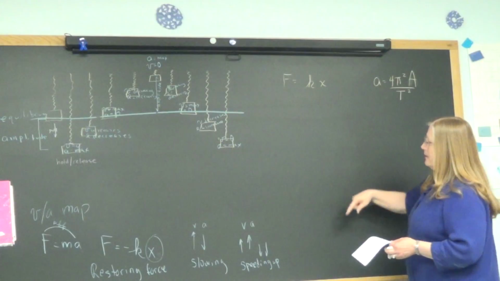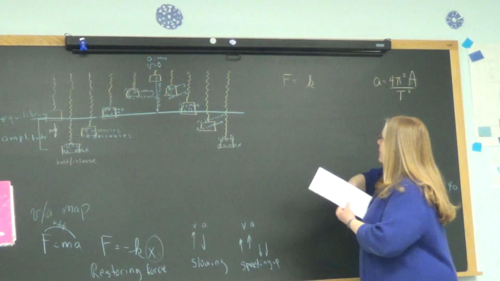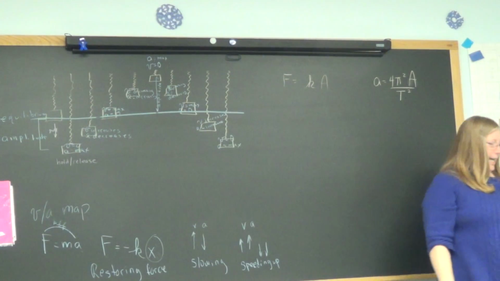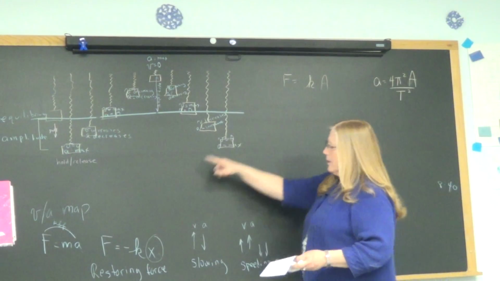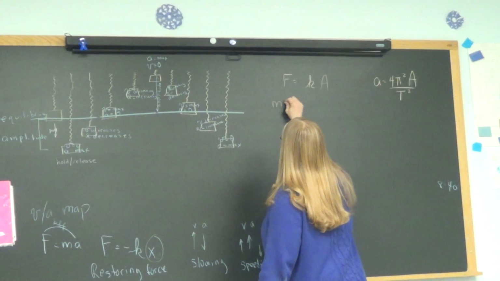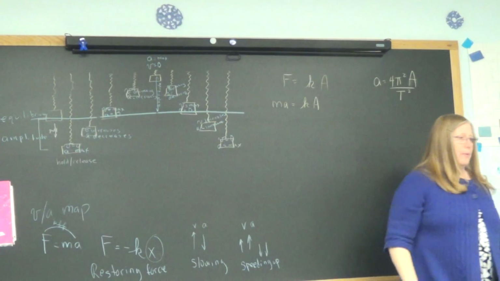Remember when the thing was up, and we're calling x at amplitude. So we're also going to mess with F equals kx. We're going to change it to F equals kA. We know force equals ma, so I'm going to replace F with ma. And if you would write down this development, please, to that point.